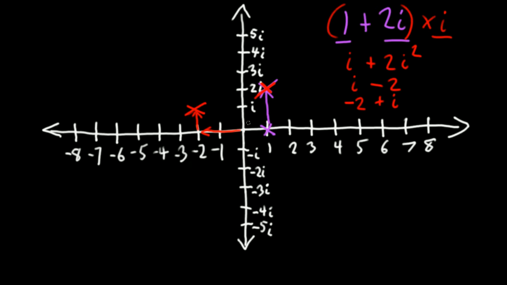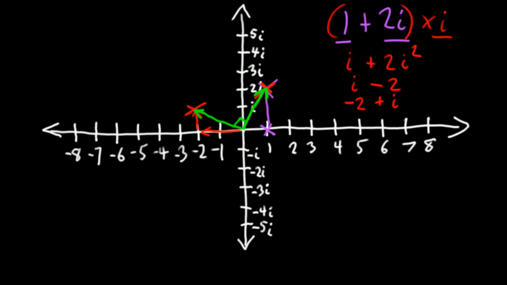And if we were to look at this as a vector going from the origin to that point, and then we look at this one as a vector going from the origin to that point, hey, sure enough, that's a right angle, or a quarter turn. So all we did when we multiplied by i was that we rotated this point by a quarter turn. We end up the same distance from the origin, just rotated. And the algebraic interpretation agreed with our geometric interpretation. That's a very good sign.